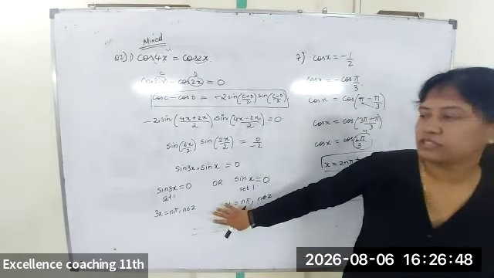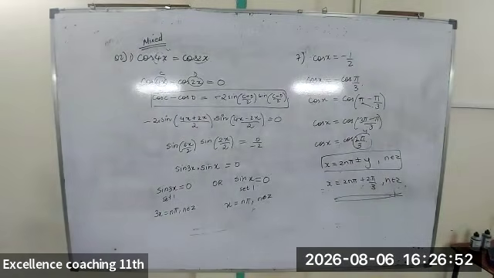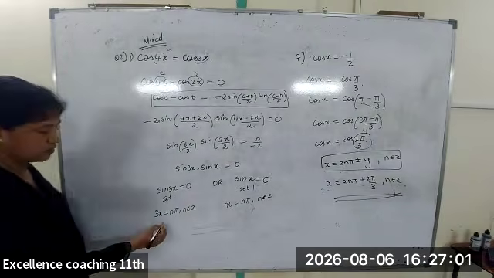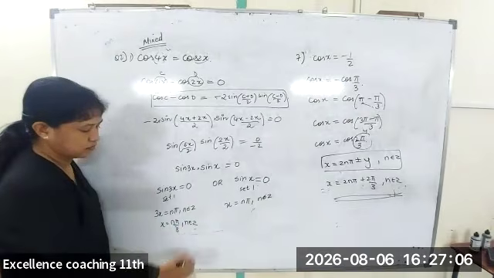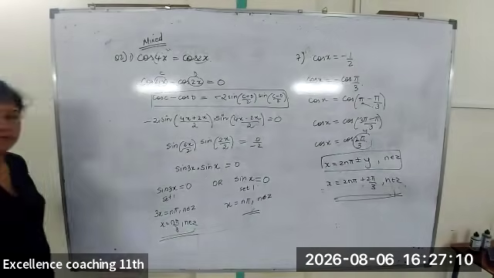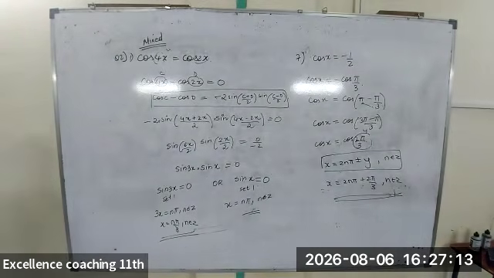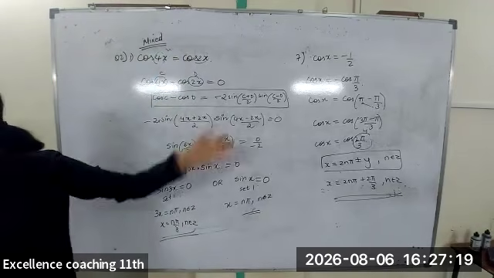This is the solution for sine x equals to 0, set 1. Sometimes it can come sine and sine also, on both sides. So you will have to apply the sine C minus sine B formula.